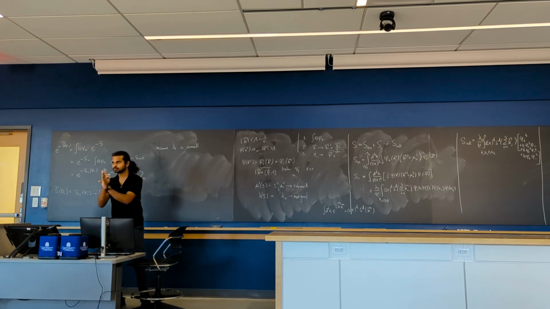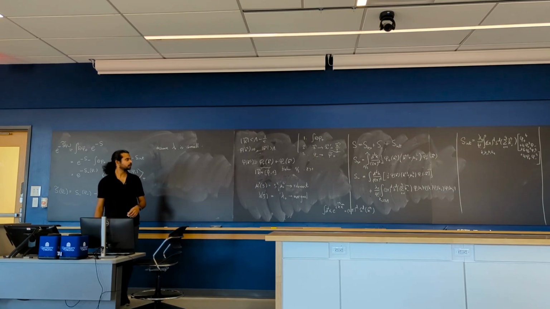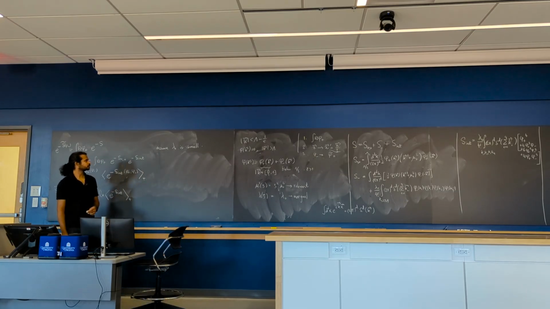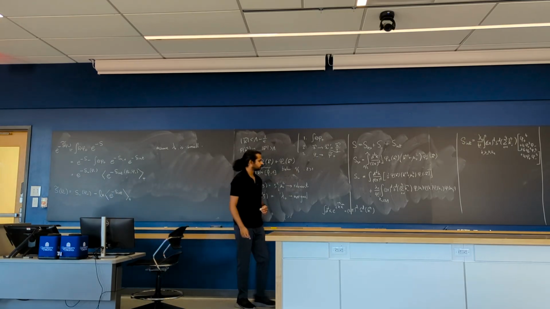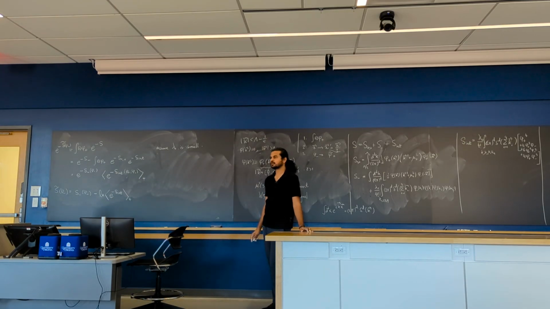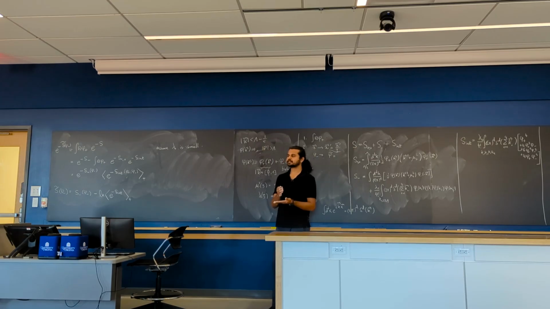Yeah, we just imagine having a very large cutoff. Then the idea is, if lambda 0 turns out to be relevant, then in the UV lambda 0 is small, so we go to the UV and do this analysis.